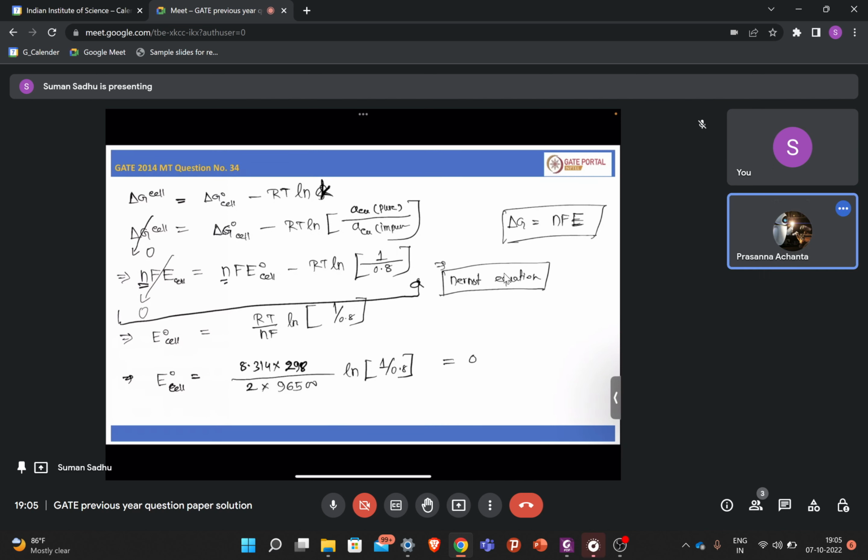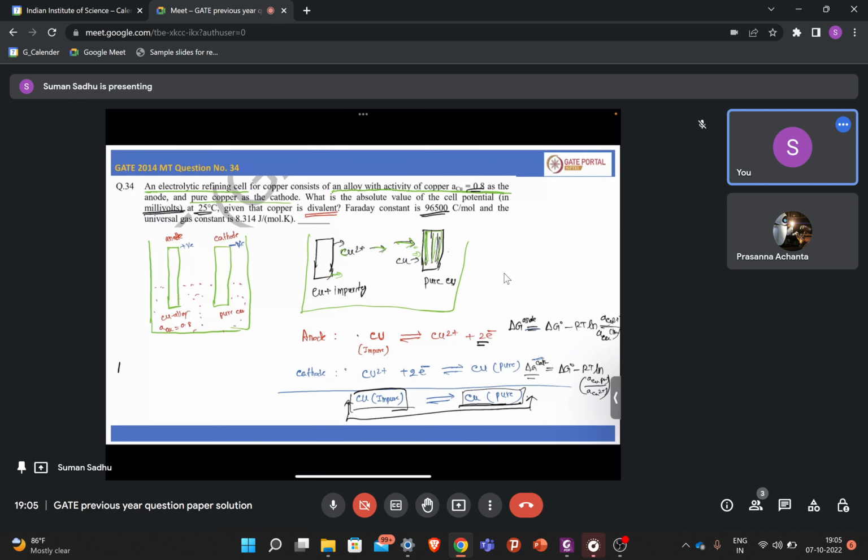Yes, sir. This is in volts. You have to write the answer in millivolts, since it is asked: what is the absolute value of the cell potential in millivolts.